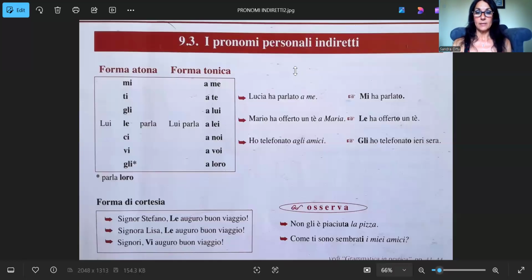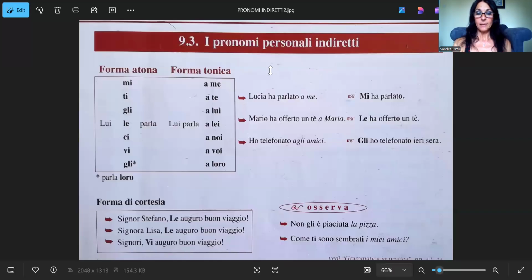So these ones, as I said, are indirect instead of direct. They are pronouns. If you remember, pronouns are in place of a noun. So they are replacing a noun that normally we have already mentioned, but not always.